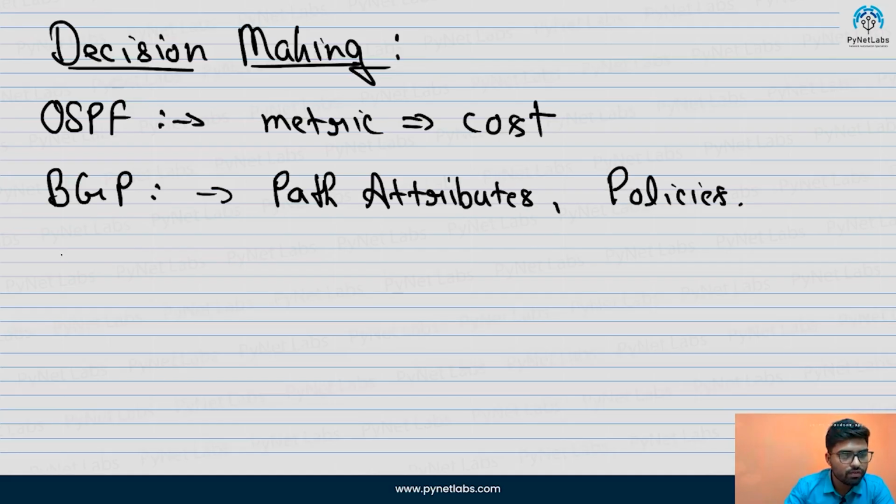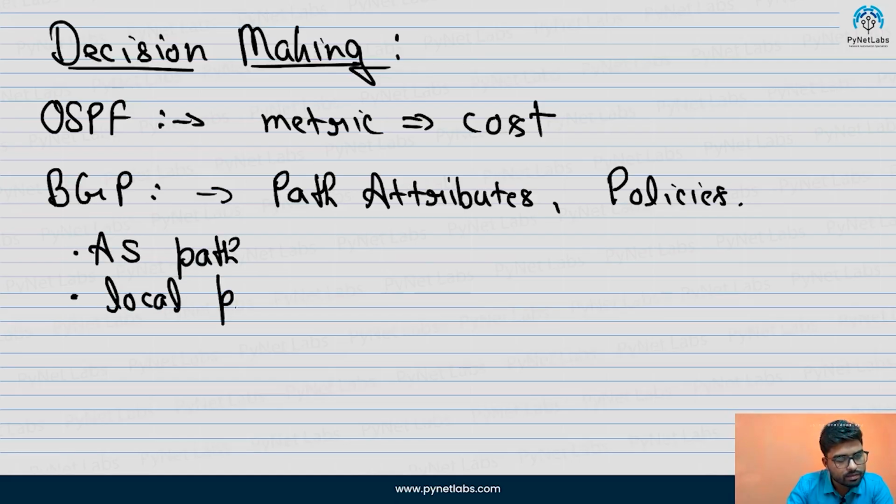So let's first talk about the path attributes. In BGP there are four path attributes which are used to find the best path. The first one is known as AS path, the second is local preference, the third is MED, and the fourth is next hop.